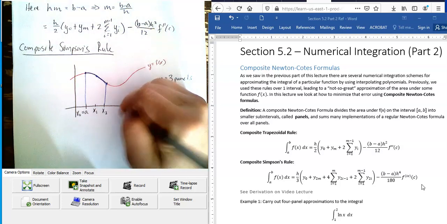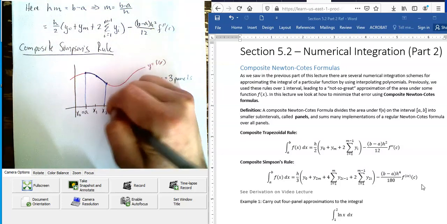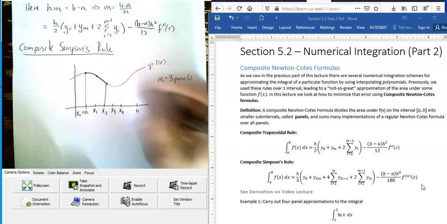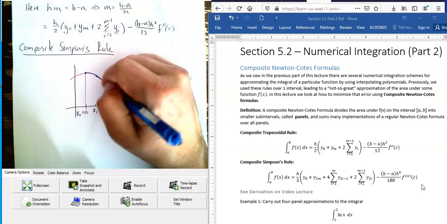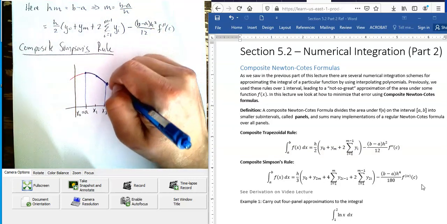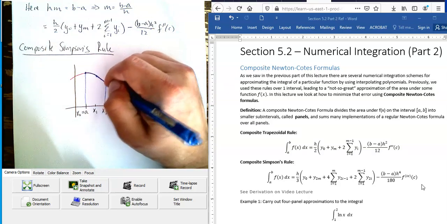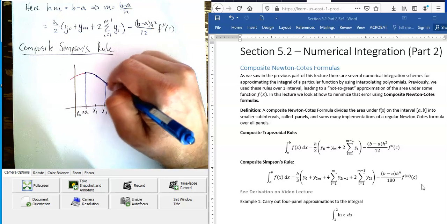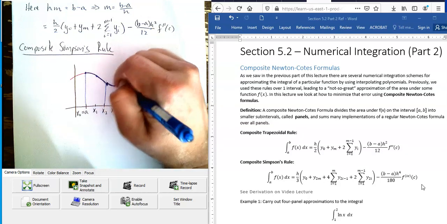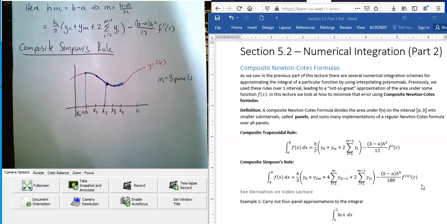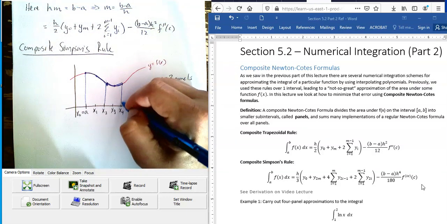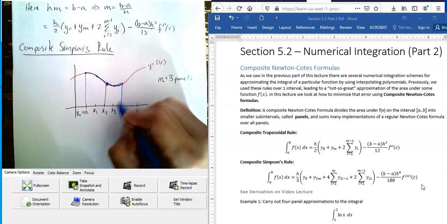It would go up to x4, and we would use x3. So we would use these 3 points at x2, x3, and x4 to fit a quadratic to that piece of the curve, and then use the Simpson's rule formula to calculate this area.